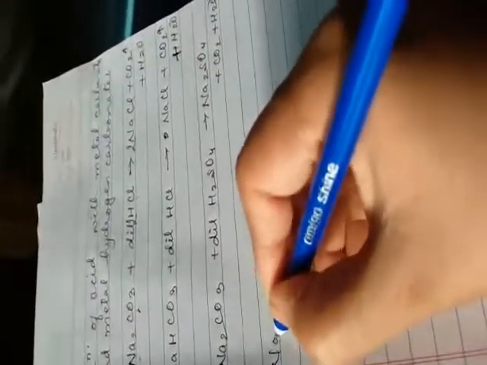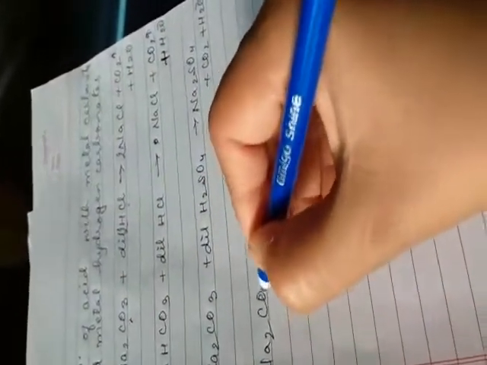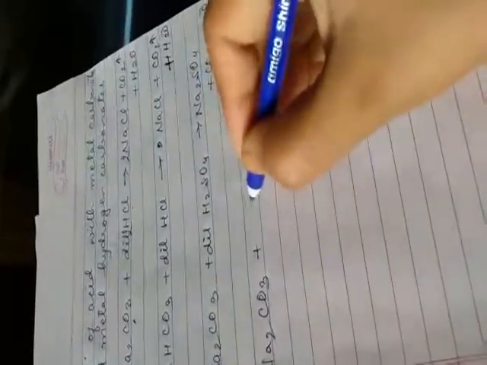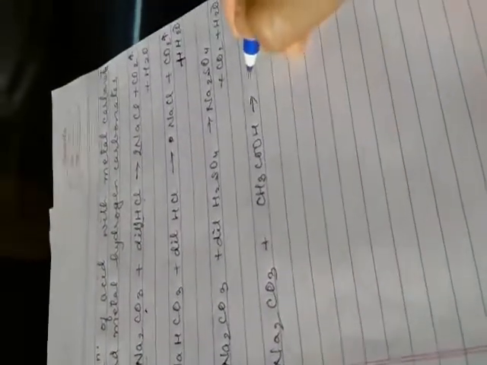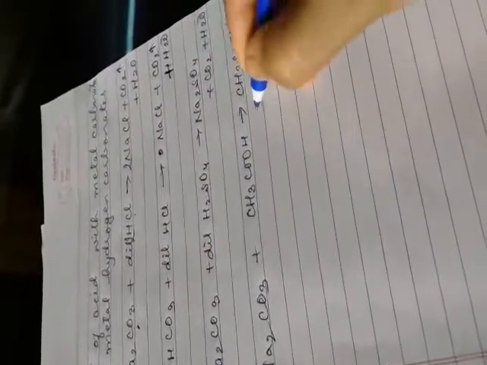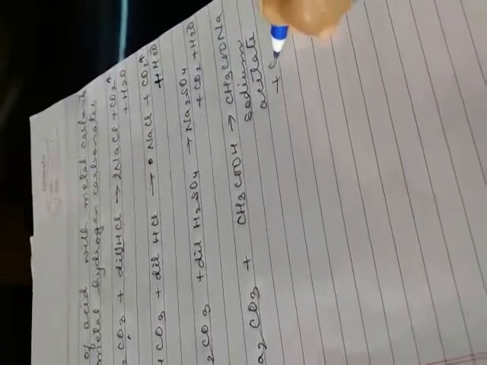And if sodium carbonate reacts with acetic acid, then what will be formed? CH3COONa, which is called sodium acetate, plus CO2 plus H2O. Do you understand this reaction?